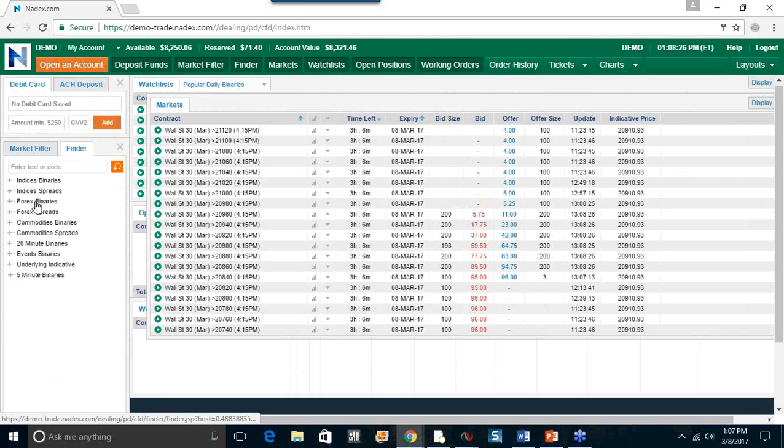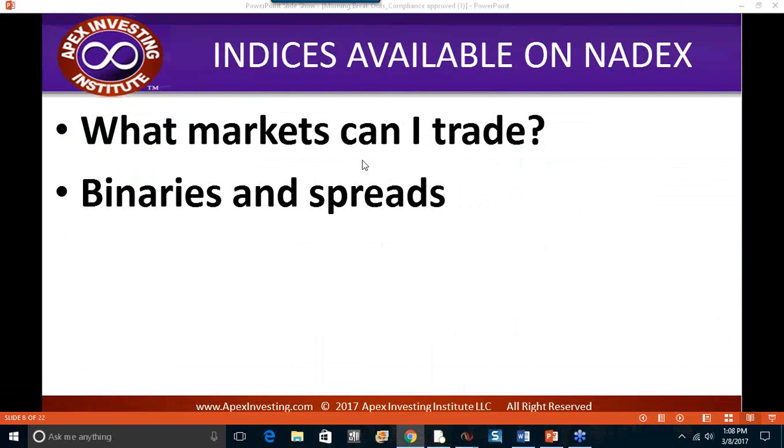The same with indices spreads: you've got a ton of different options, different floors and ceilings, different risk reward. There is a ton of options for you with Nadex as far as what you can trade and what products you can use to fit your strategy, your system, your risk tolerance, your account size, and so on.